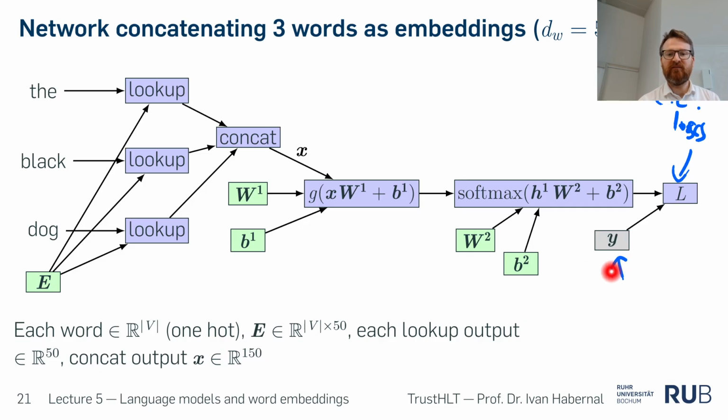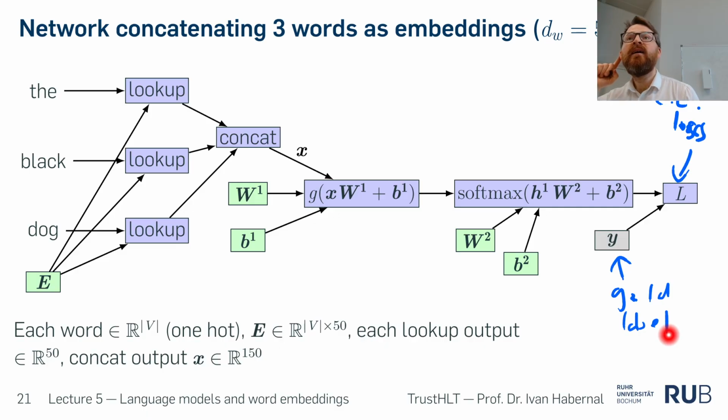Good. What is this? Yes, this is the gold label. Interesting. So what is going to be the gold label for a word? What could a gold label for a word be? The word itself, but you need to turn it into a vector, which is one-hot encoding.